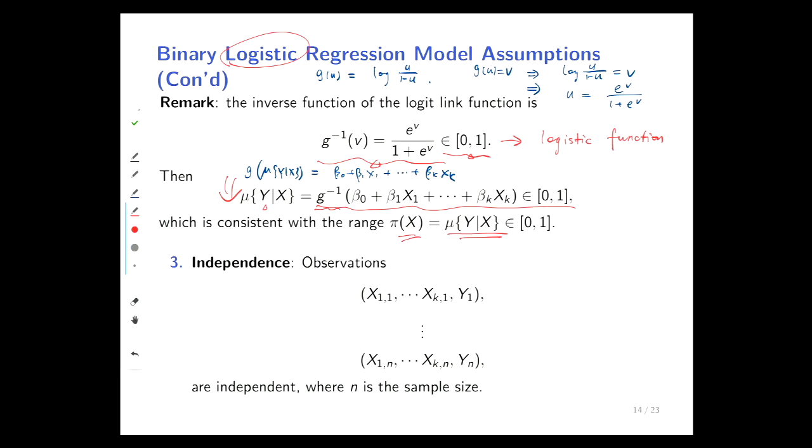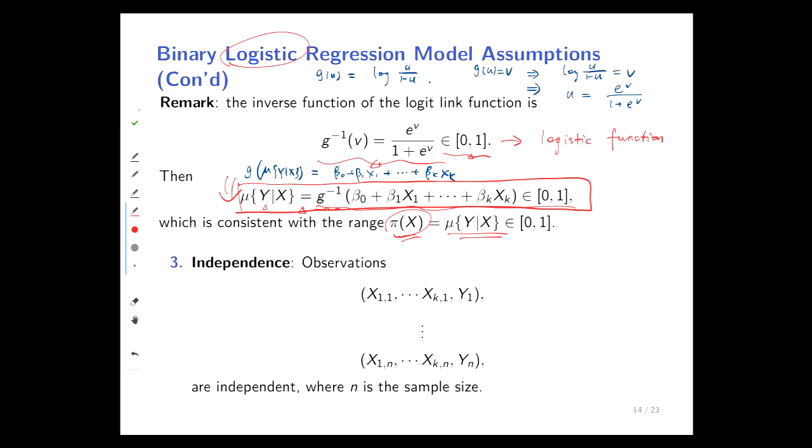But remember this, because later we are going to use it to get our fitted probability or predicted probability. We are going to use this generalized linearity to obtain our probability, because the probability just equals the mean in this binary case.